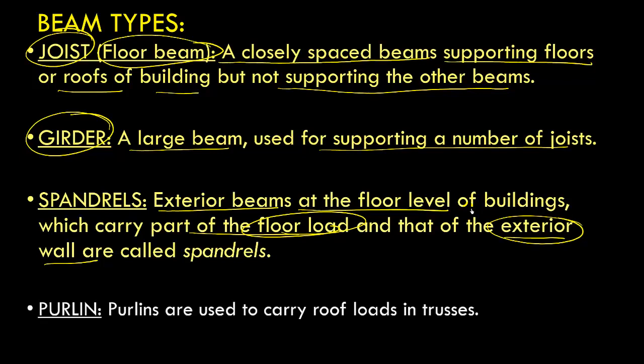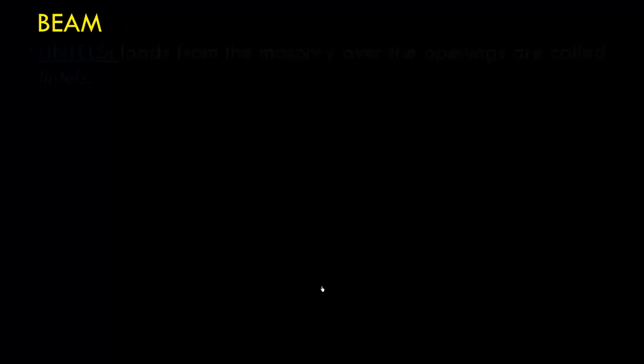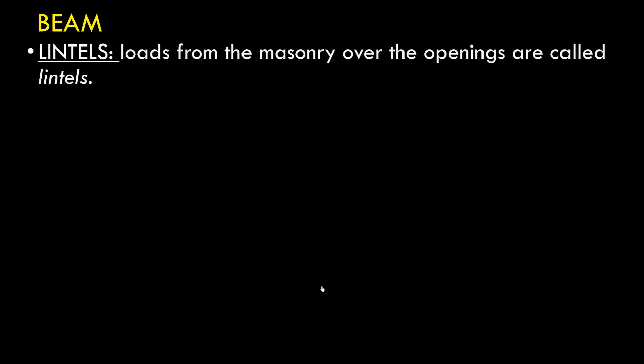Similarly, we have purlins, and the term purlins is often used in the case of trusses. So whenever we have purlins, they are used to carry the roof load that is coming on the trusses. Similarly, we have another kind of beam, often used in masonry structures, and this is called lintels.